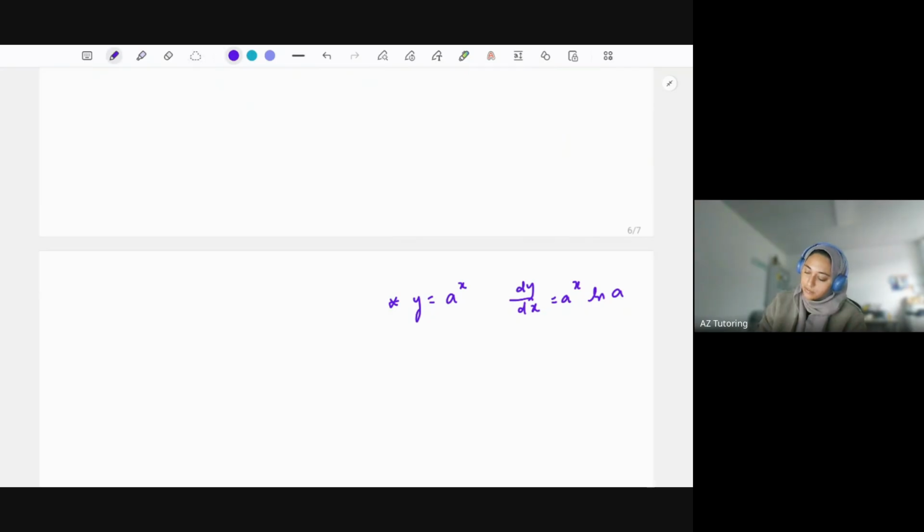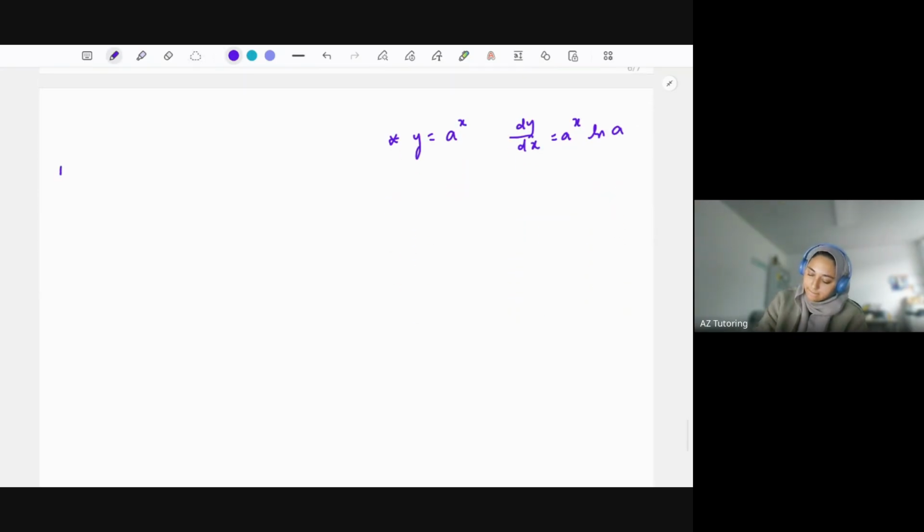Okay, so the example says, find the equation of the tangent to the curve. Remember tangent: y minus y1 equals m times x minus x1.